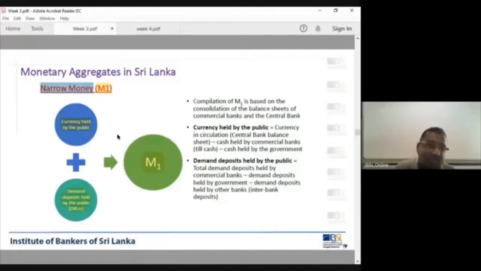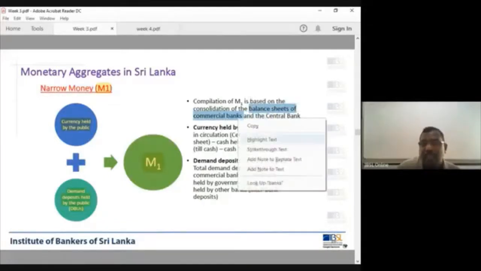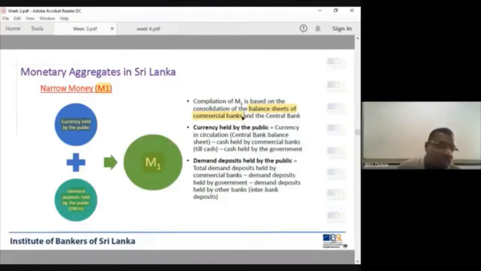Now, how do you identify narrow money? Reserve money we identified from the central bank balance sheet, isn't it? Narrow money we can identify from the balance sheets of commercial banks. Commercial banks, not only one bank. So we take the entire balance sheets of all the commercial banks and we consolidate them, summing or aggregating, because let's say bank A has some amount of deposits, bank B has some amount of deposits, you have to take the aggregation.